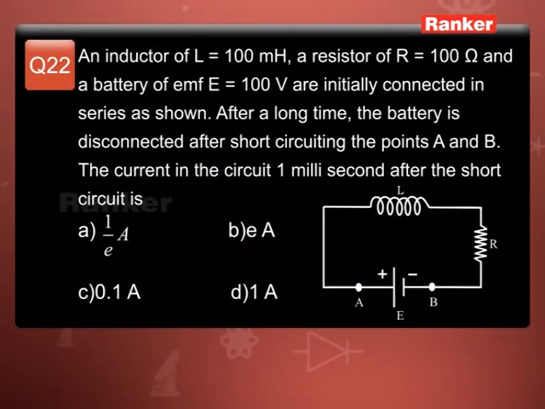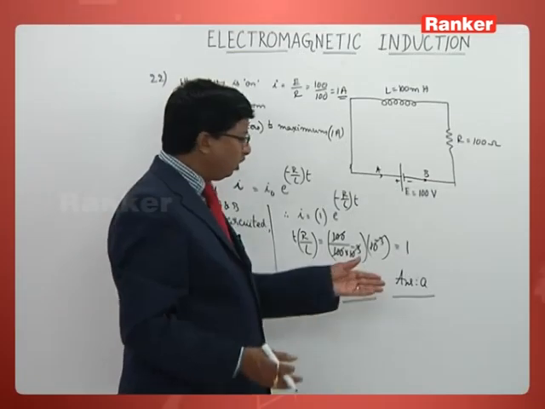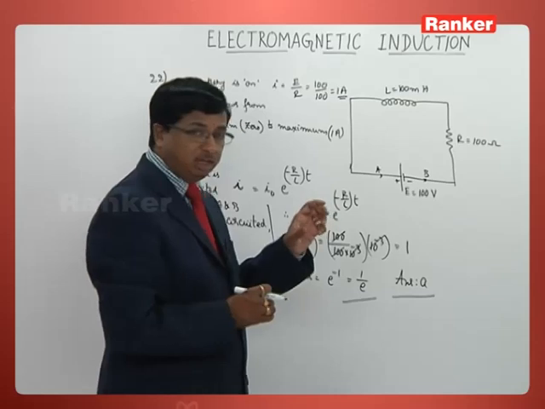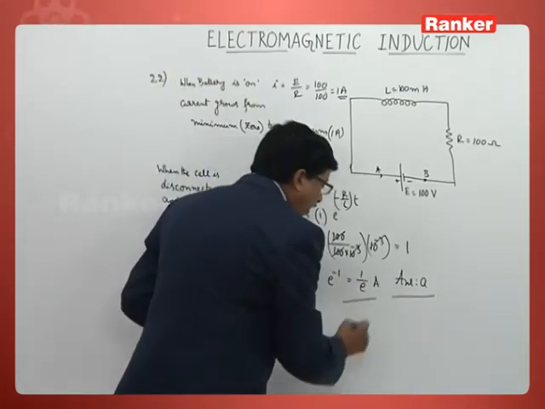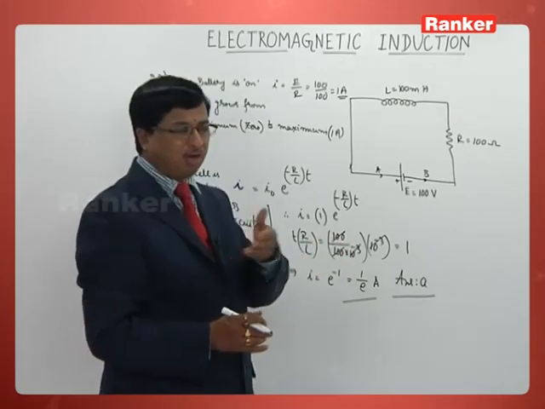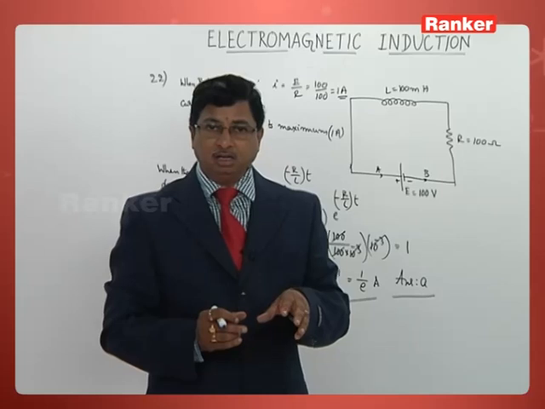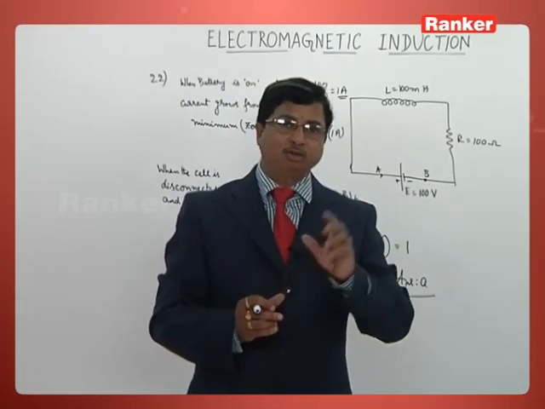It is 1 by E, which is the very first option in this problem. So the first option, A itself, is correct, 1 by E in ampere. We can write directly the unit as ampere over here, because all the values are given in SI units. Then automatically current also should be considered in SI units.